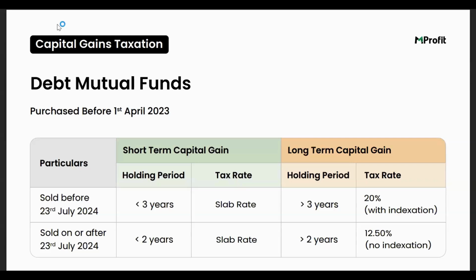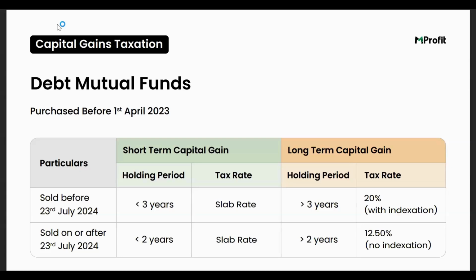Now, to summarize, for any debt mutual fund which is purchased before 1st of April 2023, there are two scenarios basis which the tax rate and the holding period for classifying it as short term and long term has also changed now. Scenario 1, where you're selling the mutual fund before 23rd of July 2024.